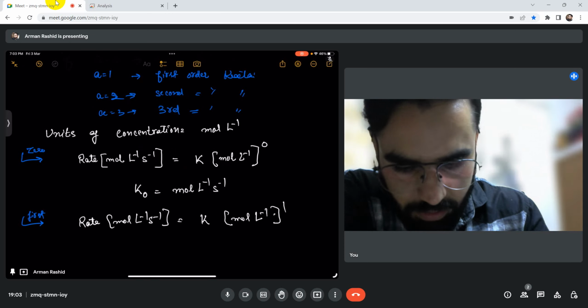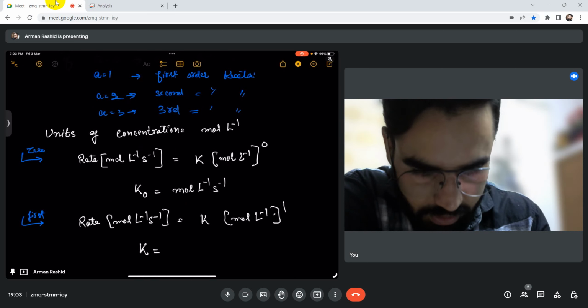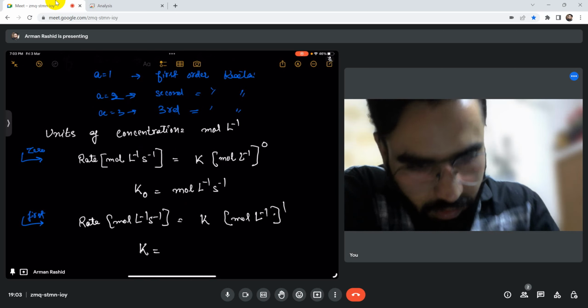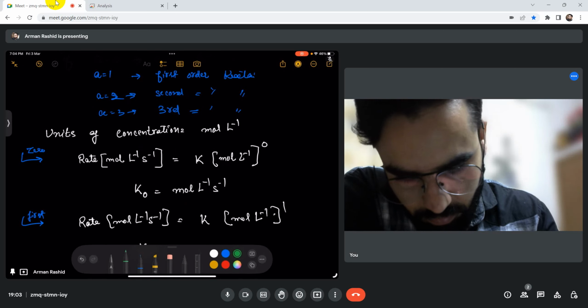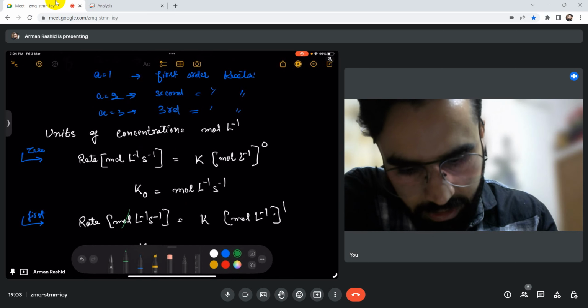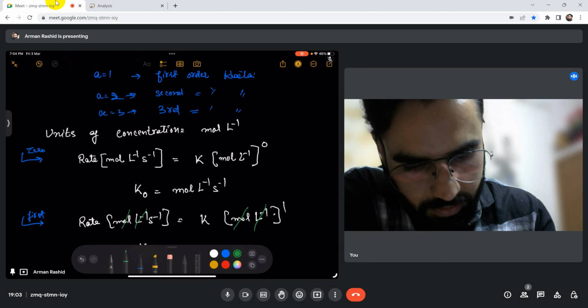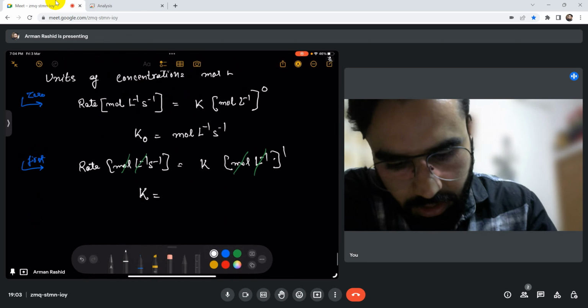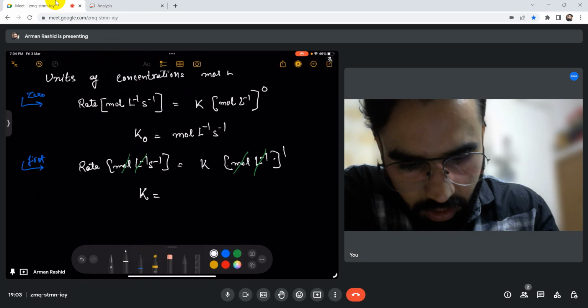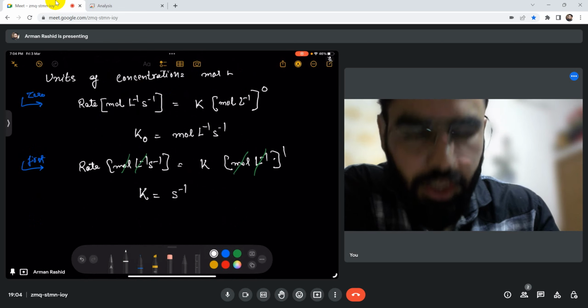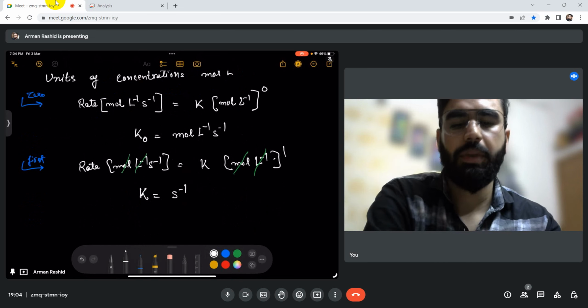Dividing the rate by this, K is equivalent to, this will get cancelled, this will get cancelled. So in a nutshell, it will be per second. So for a first order reaction, the unit of the rate constant is per second.